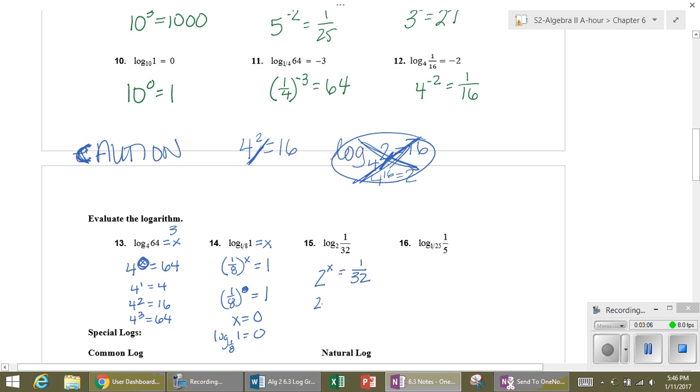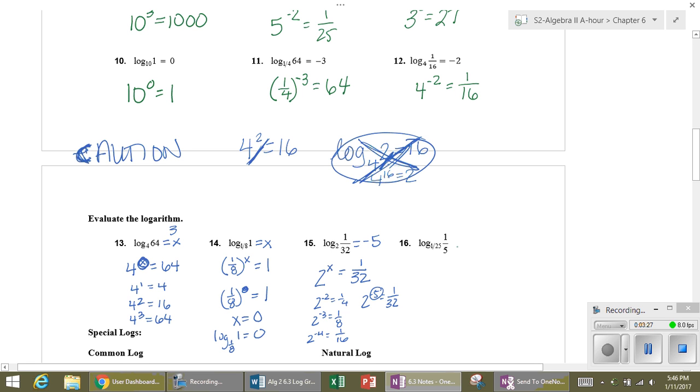So let's see, 2 to the negative second is 1/4. 2 to the negative third is 1/8. 2 to the negative fourth is 1/16. 2 to the negative fifth is 1 over 32. So there we have it. So this has to equal -5.